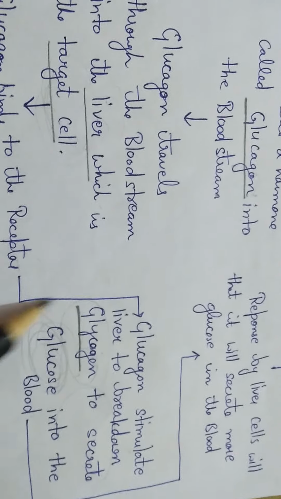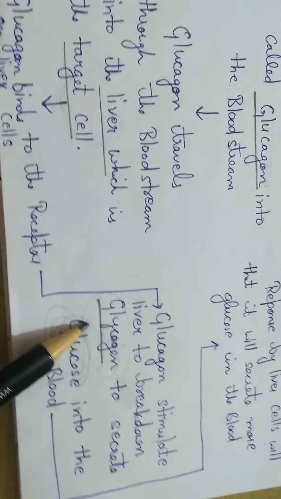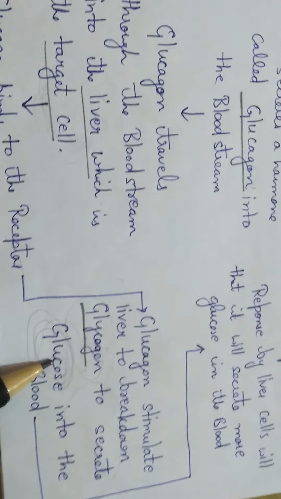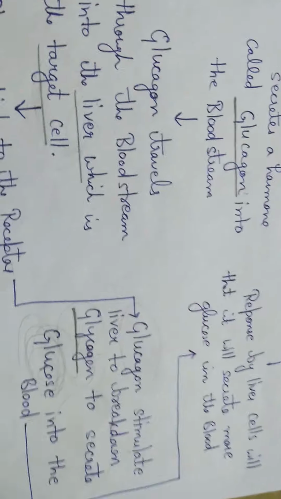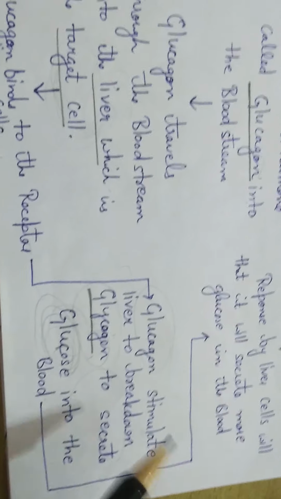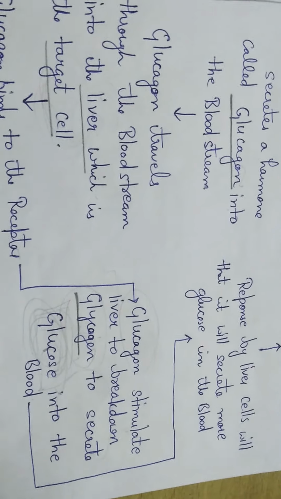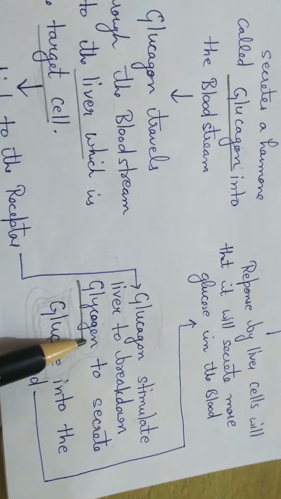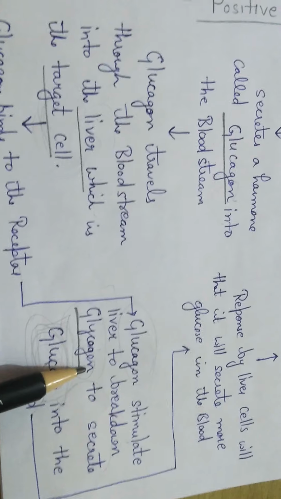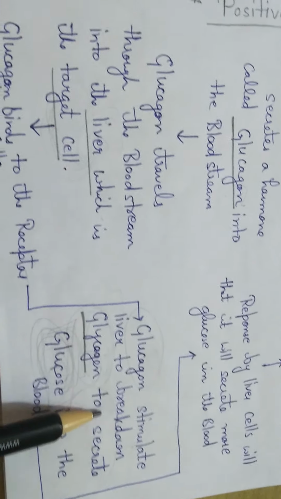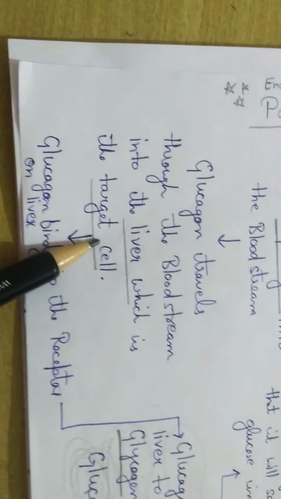In the liver we know that there is a process of breaking down glycogen into glucose. So glucagon will stimulate that process. So in this way you can say that your glucose is being produced by breaking down of the glycogen, and that breakdown is taking place in the liver.